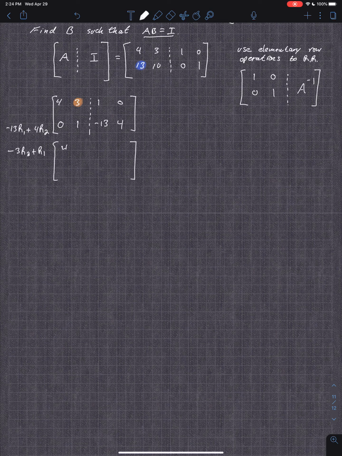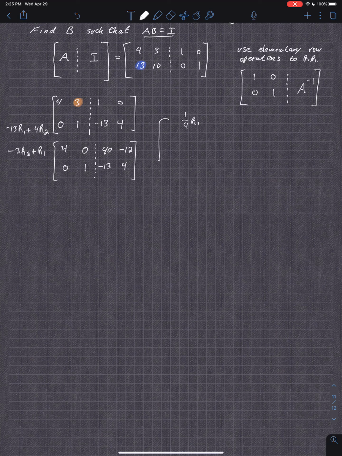And you get 4, 0, 40, negative 12. 0, 1, negative 13, 4. And then the last is to just divide by the 1/4. So we'll come up here. So do 1/4 row 1. And that is your inverse matrix then.